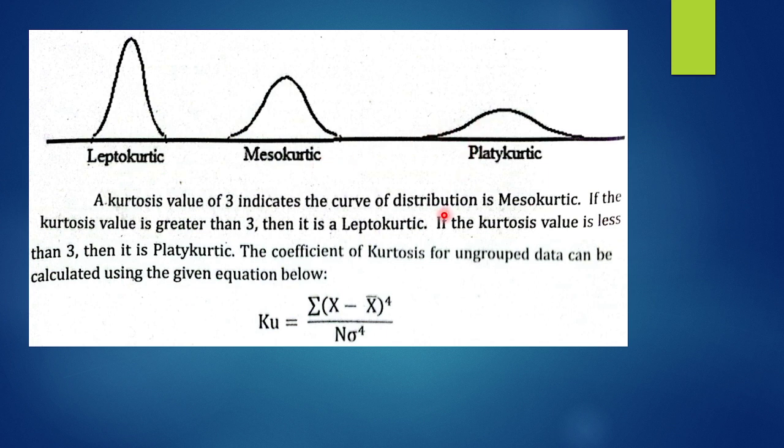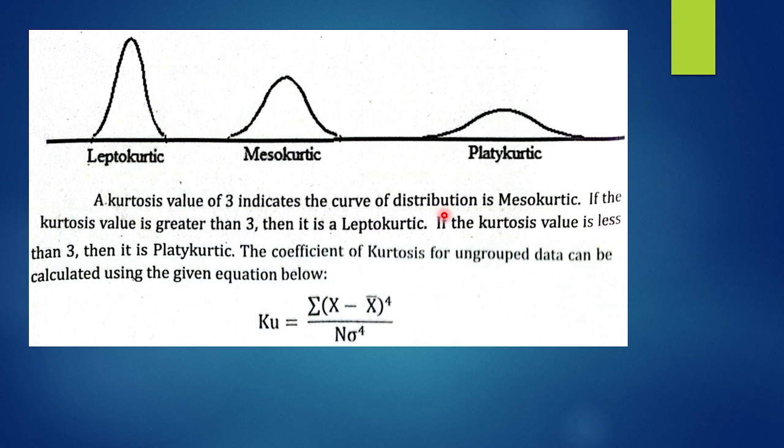The coefficient of kurtosis for ungrouped data can be calculated using the given equation below. Take note, we do have different types of data. We do have ungrouped data and grouped data.